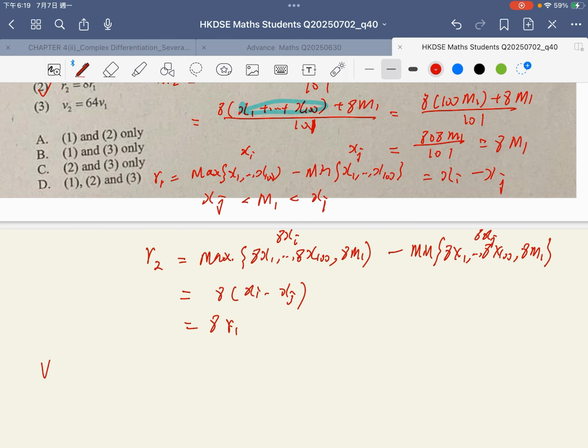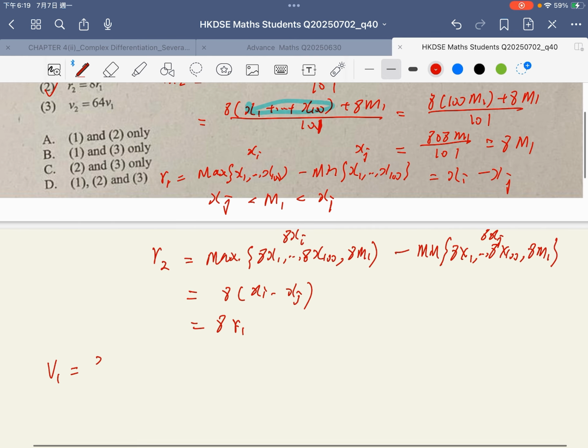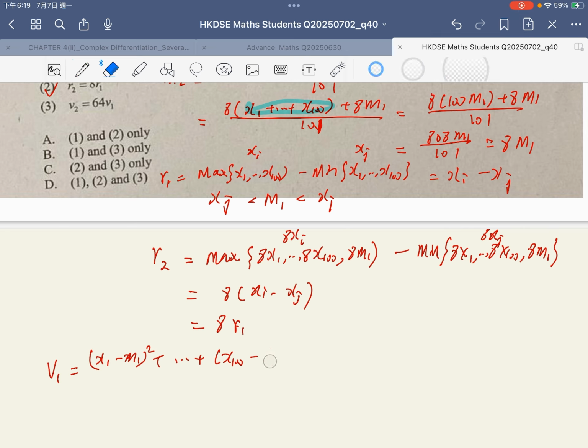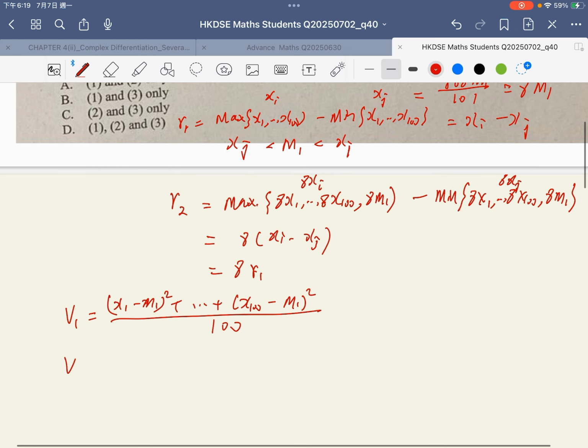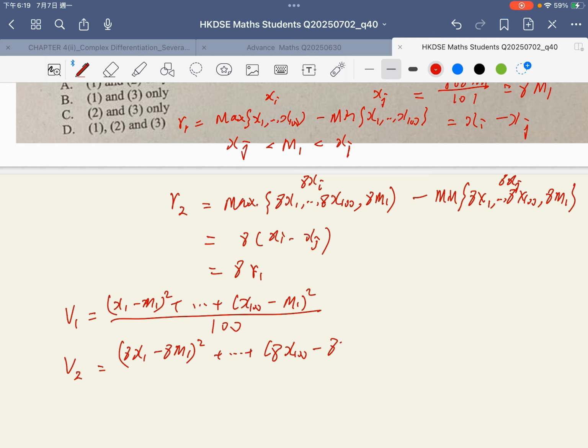Okay, for the variance, V1 by the definition of variance is x1 minus M1 squared plus up to x100 minus M1 squared, over 100. And V2 should be x times x1 minus x times M1, up to x times x100 minus x times M1, all squared.